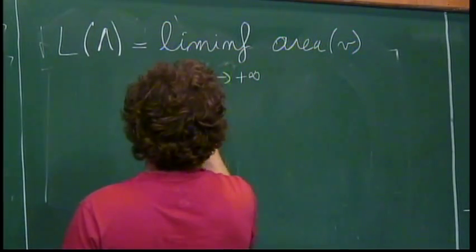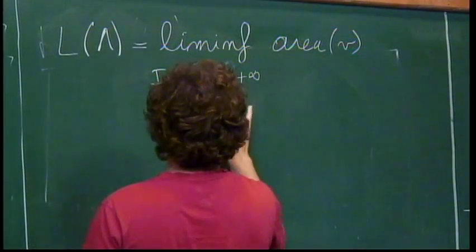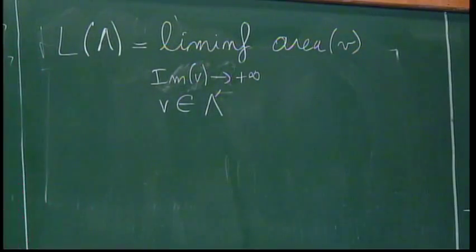And V belongs to lambda or the primitive ones. Actually, it does not make any difference. But yeah, lambda prime is for primitive points.